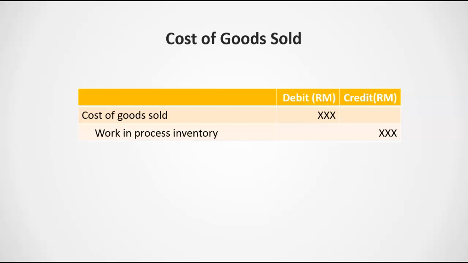Here, the recording will be debit cost of goods sold, credit finished goods inventory. The balancing amount in the cost of goods sold account would be sent to income statement. Other selling and admin expenses are also included in the income statement, just like I mentioned during the first two slides previously.